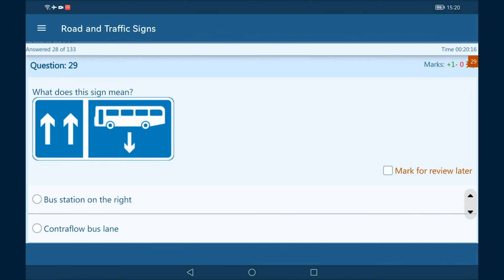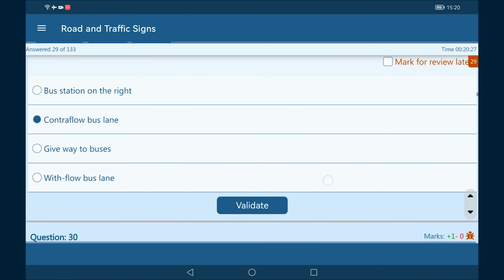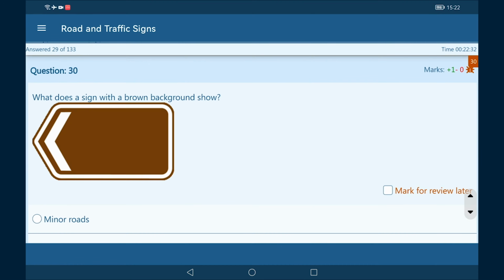Give way to buses. Option 4. With-flow bus lane. The correct answer is Option 2, that is, contraflow bus lane. Explanation. There will also be markings on the road surface to indicate the bus lane. You mustn't use this lane for parking or overtaking.